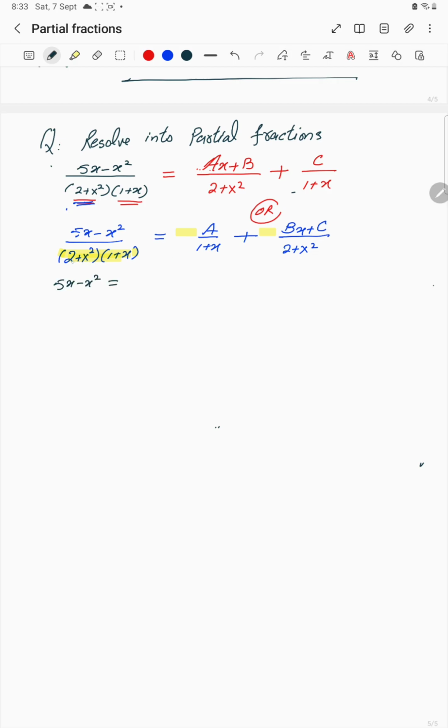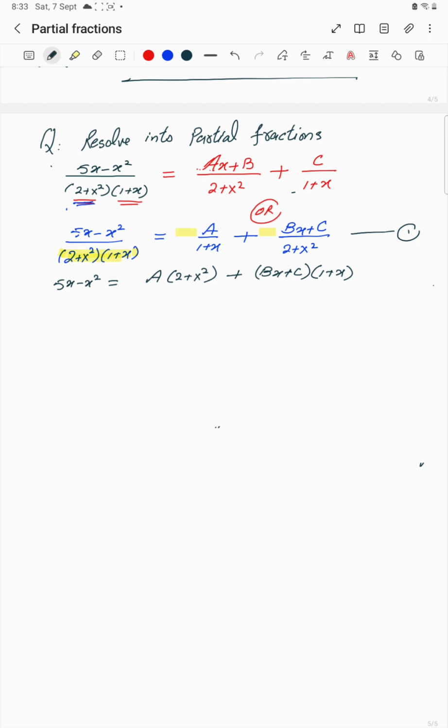When we multiply the denominator of the original fraction with a, we get a times 2 plus x squared, because 1 plus x will cancel out. And similarly with bx plus c, 2 plus x squared will be cancelled out and we will get 1 plus x.